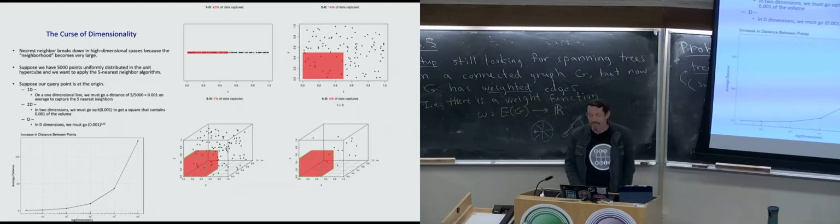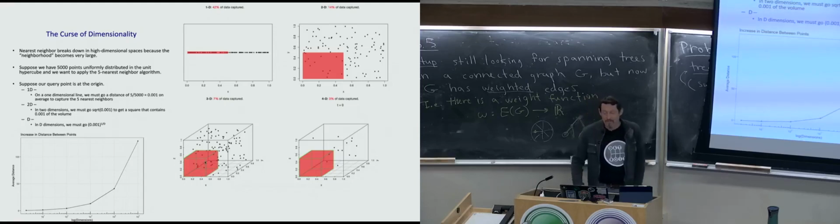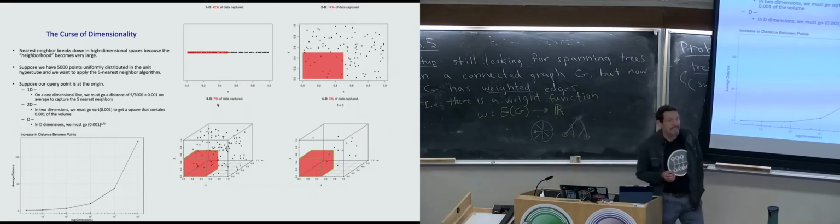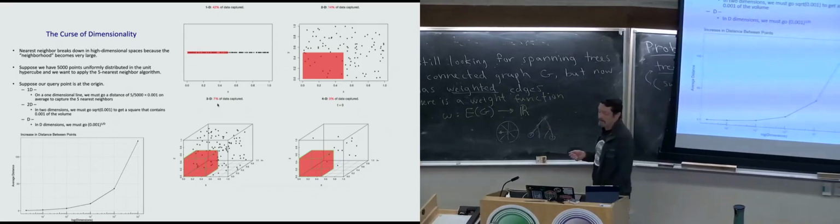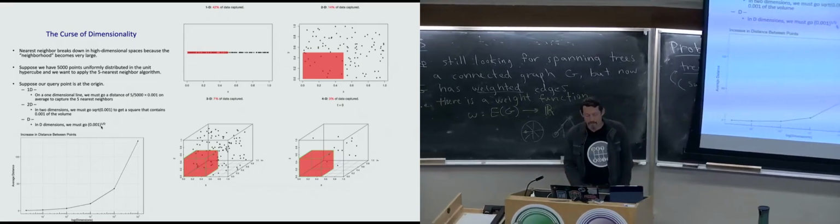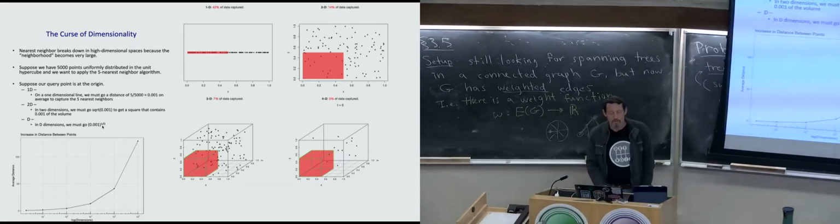The sample density is only 14%. And it goes worse than that when we go up to the cube, where we know that we're going to be seeing 1/8 of the volume of the cube on the half interval. We're down to much less than 1/8, 7% of the data captured. Okay?